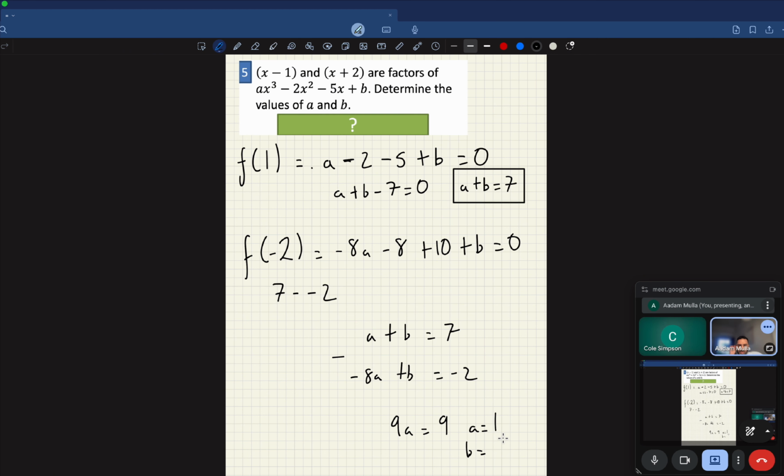B is. B would equal 7. No, put it in here. A is 1. Six. Yeah, 6. How do you think you could check this?